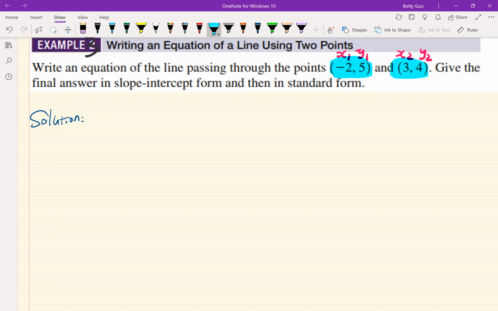Then we might have to find out what method you think is more convenient for this. We are looking for the equation for L, right? We need to think about which form of the line L we're looking for. Is it more convenient to look for standard form, slope-intercept form, or point-slope form?